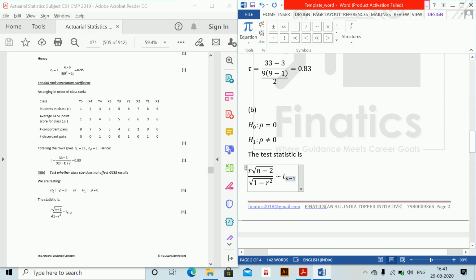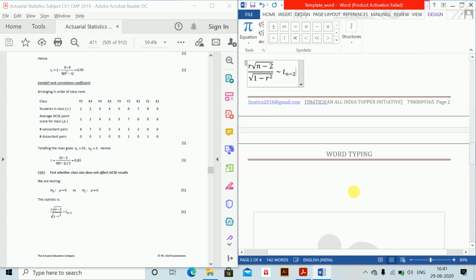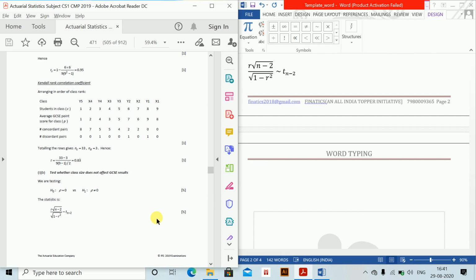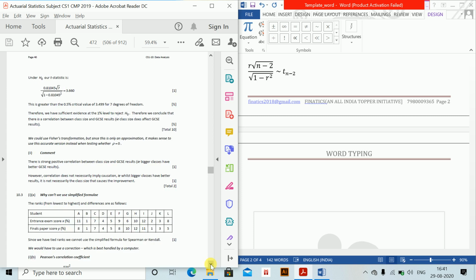Okay, and then we have our next step. We have to calculate the test statistic for our t(n−2) variable.